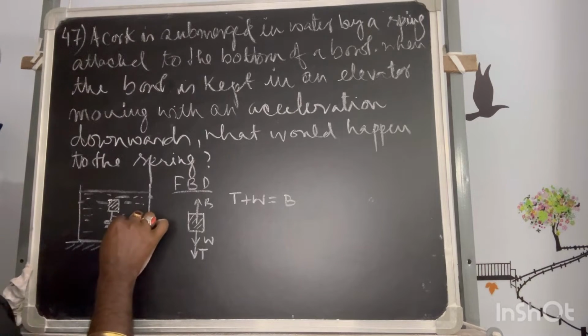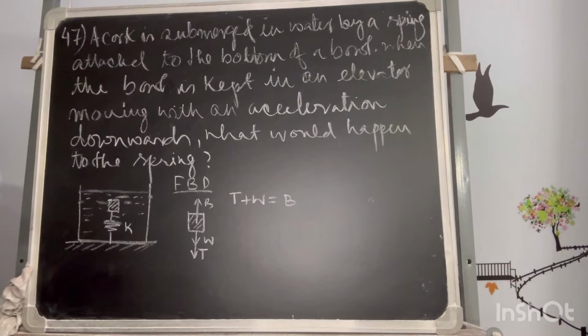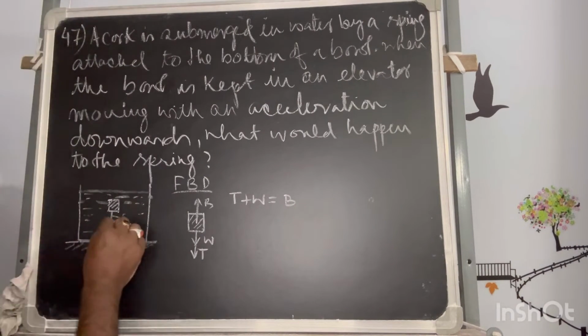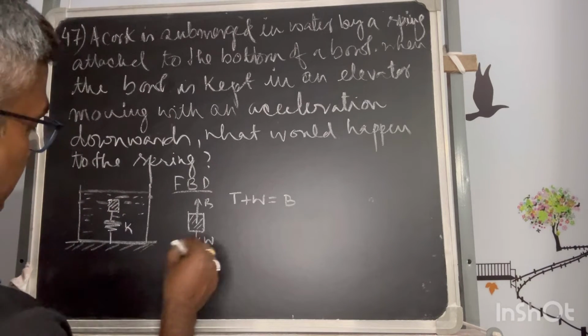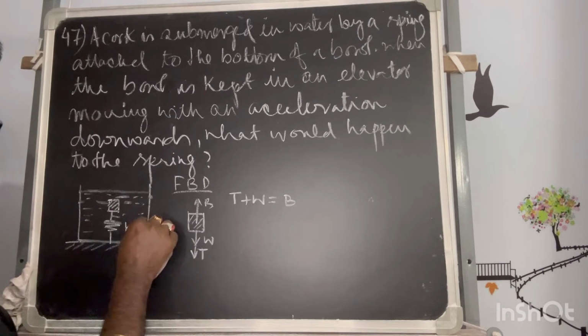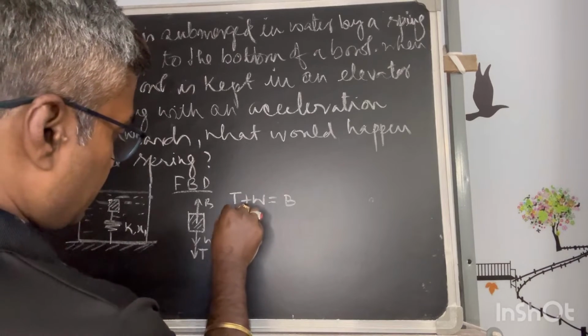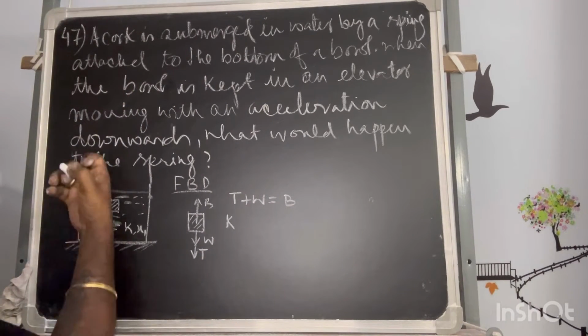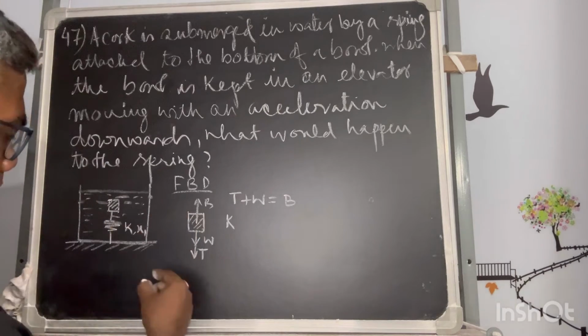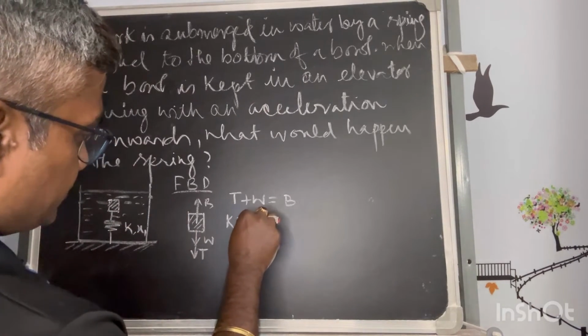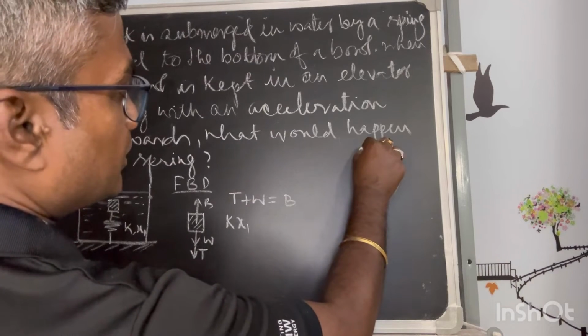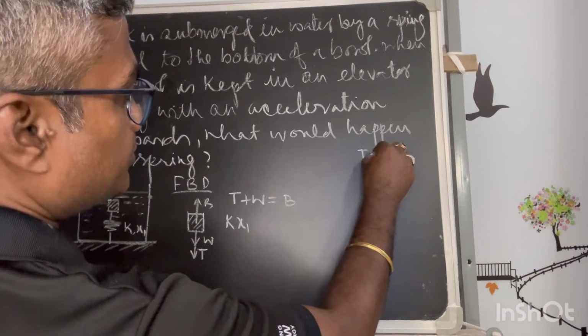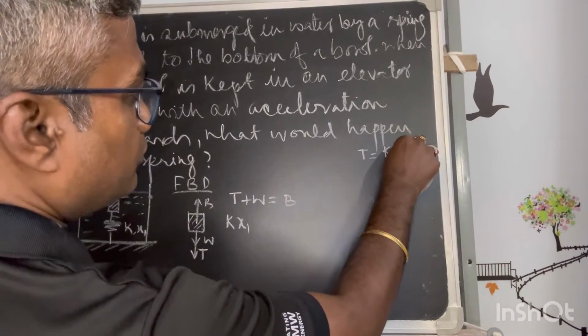Let's say the spring has constant K, and due to this arrangement there is a deflection of x1. So the tension created in the spring, which pulls the cork with the same force, is K into x1. We know that the tension in the spring is equal to the spring constant times the deflection.